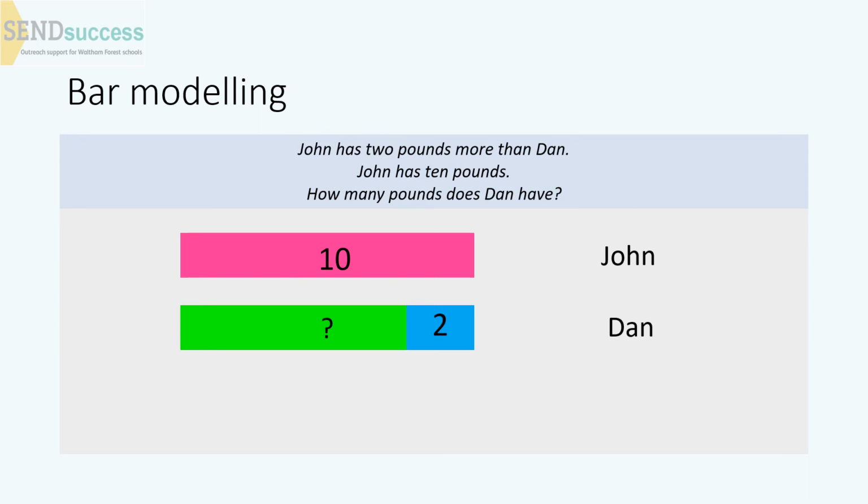And the £10 belongs to John, represented here in the pink bar. And we know that Dan has £2 less than John. So when we represent it like this, the students can see what's missing, and hopefully will understand that if they subtract the 2 from that, it will give them the unknown missing number of 8.